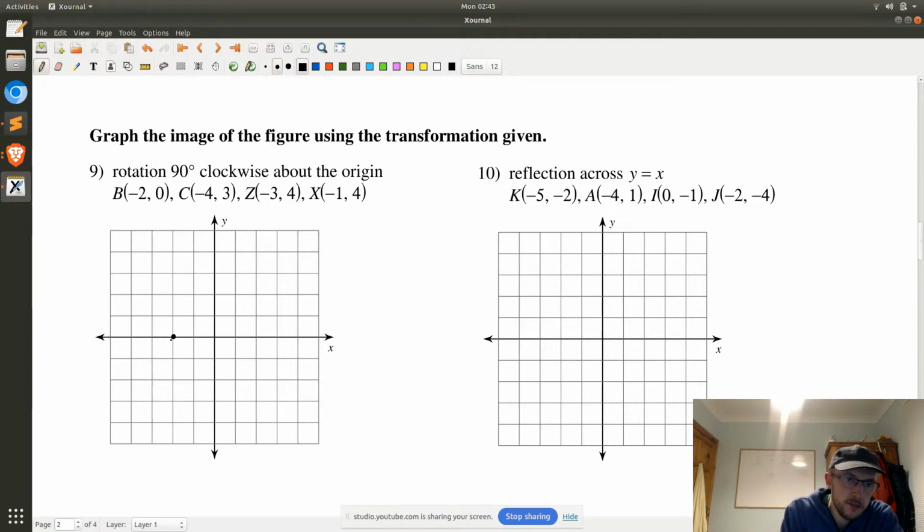C is -4, 3, -3, 4, -1, 4, and connect it. And then rotate it 90 degrees clockwise about the origin.